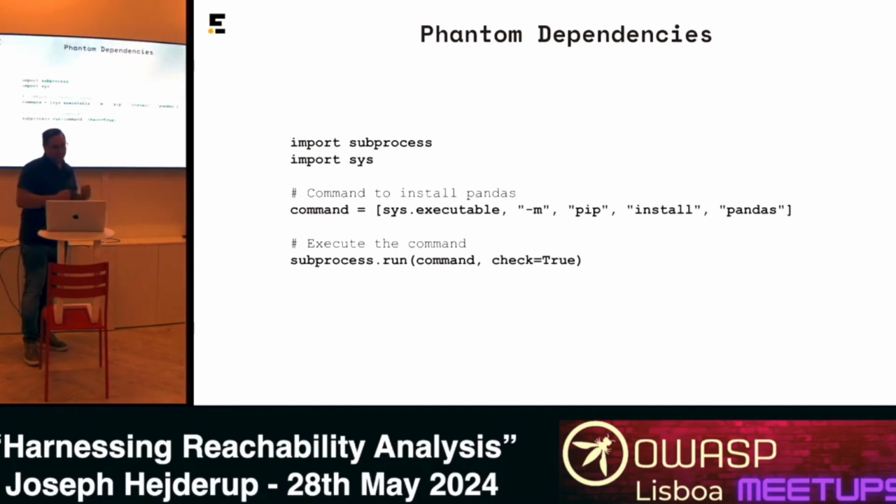And then another, which is my new favorite topic: phantom dependencies. I've seen it only in one case, where you find very interesting commands like pip install pandas or something else. Just to ask, what is the problem with this if you use a dependency checker? It's not in a dependency file.